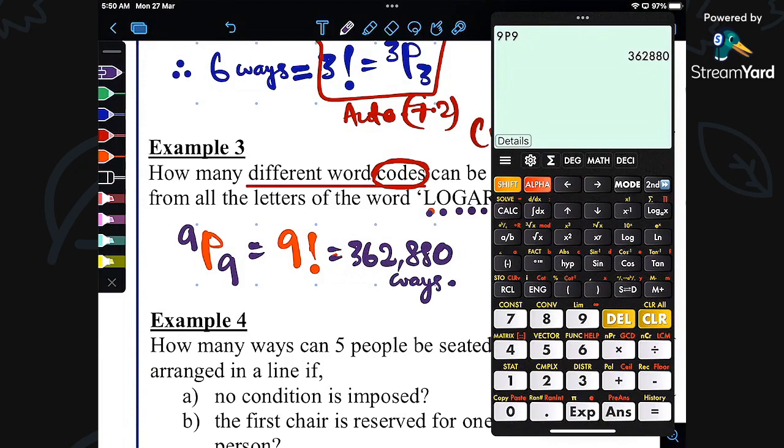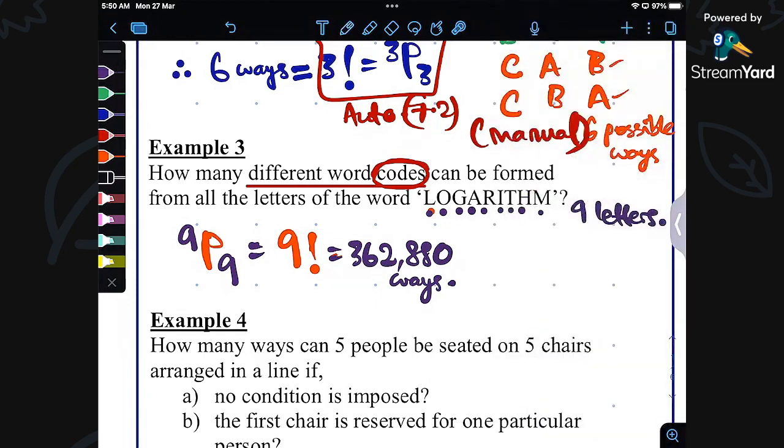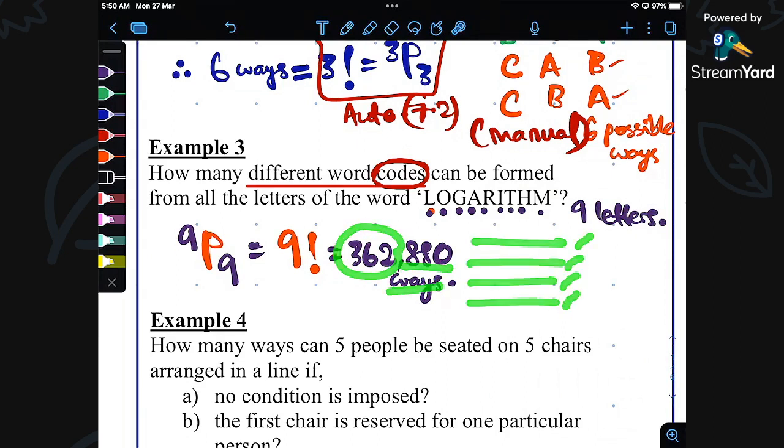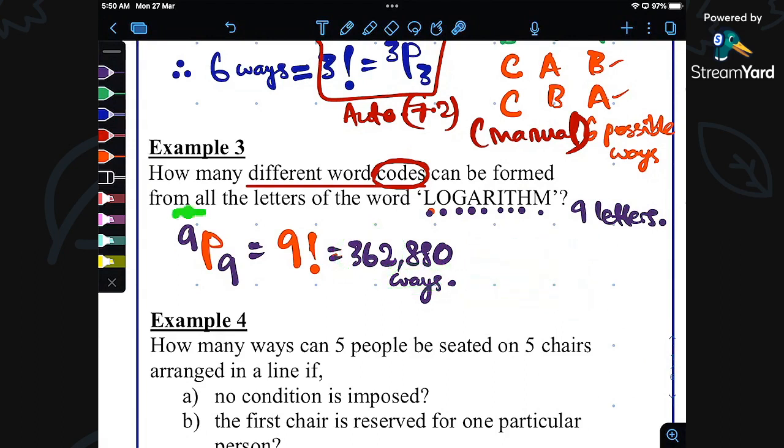Wow, there are 362,880 possible ways of arrangement. Do we want to count it manually until 362,880? No, we do not want that. That's why the technique of permutation is being taught to us, because we can use this automatically.